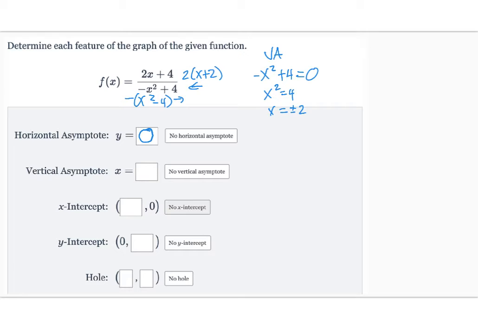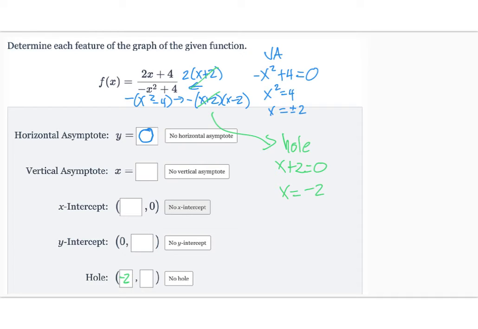Then that factors a lot nicer for us. That's going to be x plus 2 and x minus 2. The x plus 2's are going to cancel out. By the way, that's going to be my hole. So x equals negative 2 is the hole in my graph.